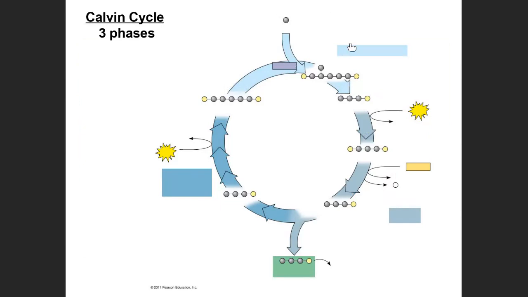Pretty much you're just going to be filling in the boxes and knowing the steps, and then you're going to feed off of your notes in the PowerPoint to help ensure that you get everything. And then these boxes here are where you will write in the phases.